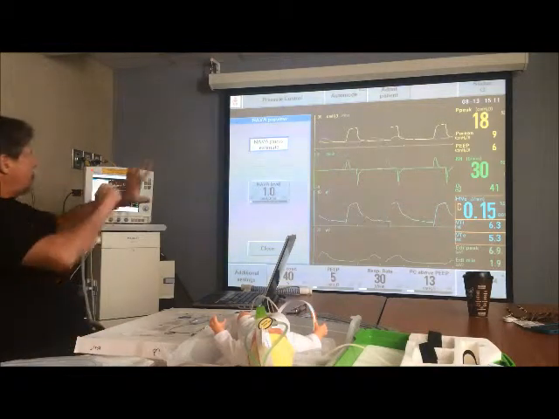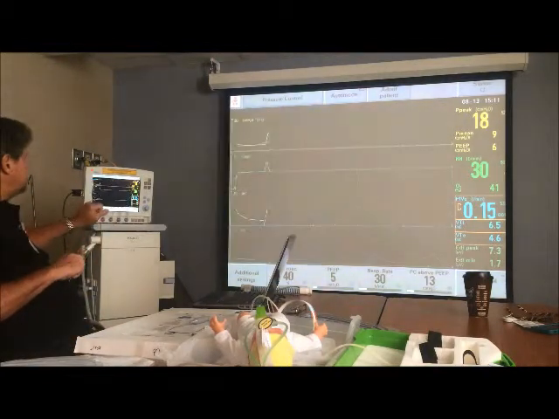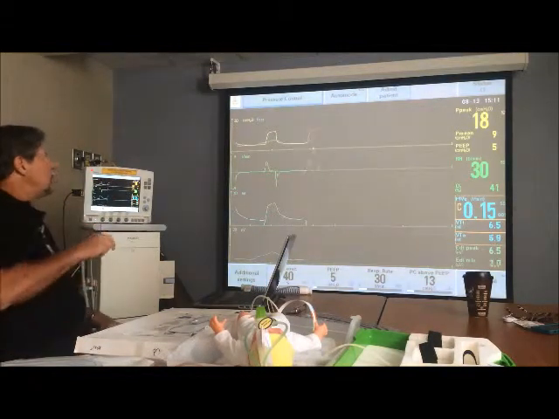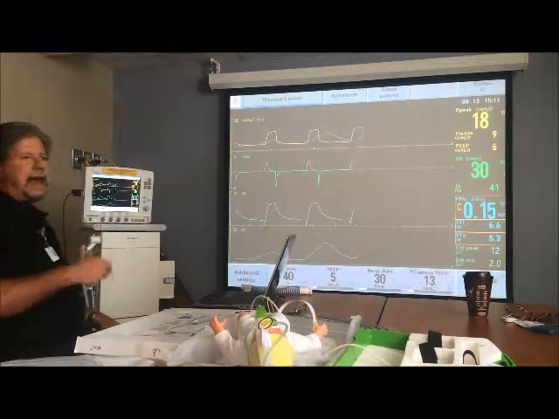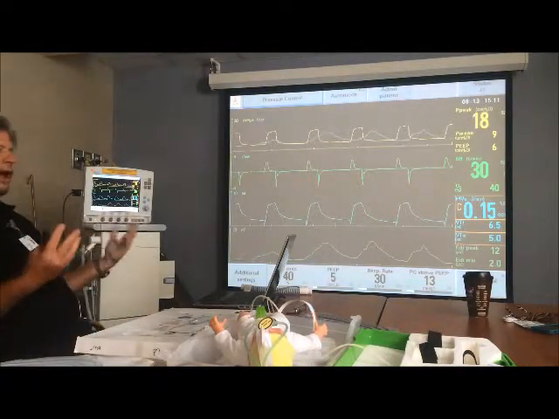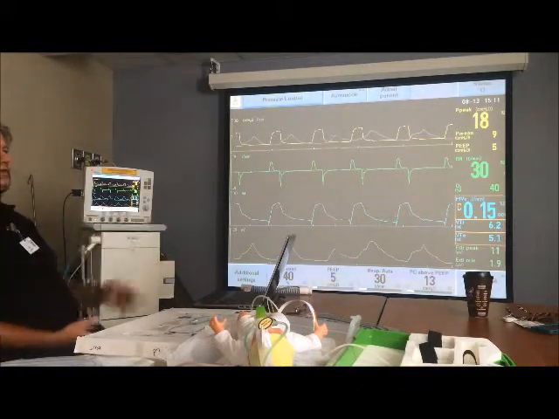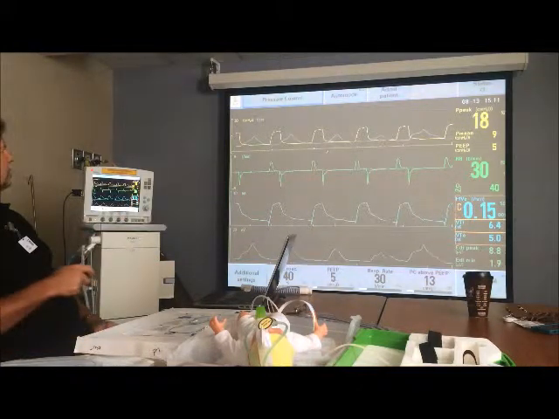So for right now, I can make this little screen on the ventilator go away. So now you can really see how synchronous or asynchronous you happen to be. You were all proud of yourself, oh, we were really synchronous, the baby was fine. And then you put the NAVA catheter in and you go, whoa, look at this.